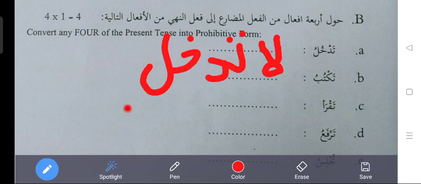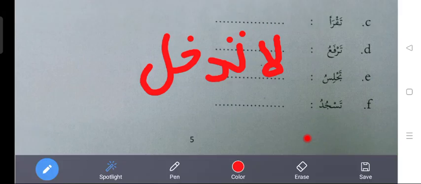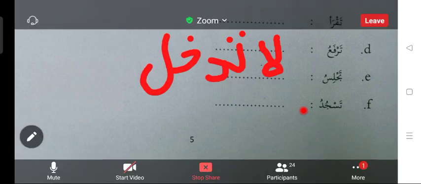The answer will be over. Like tadkhulu, la tadkhul. Taktubu, la taktub. Taqra'u, la taqra. Tarfa'u, la tarfa. Then tajlisu, la tajlis, tasjudu, la tasjud. In this way, we have to produce our answers. Got it? Now come to section 15.